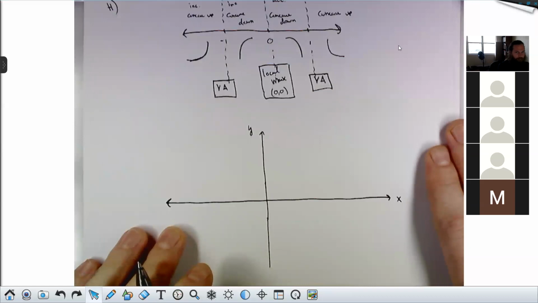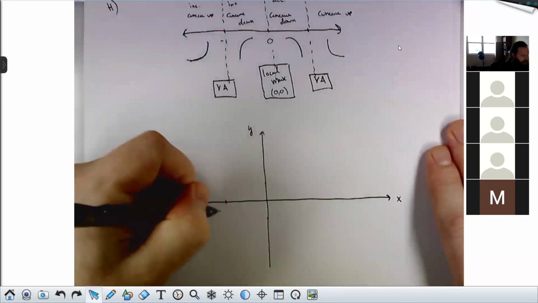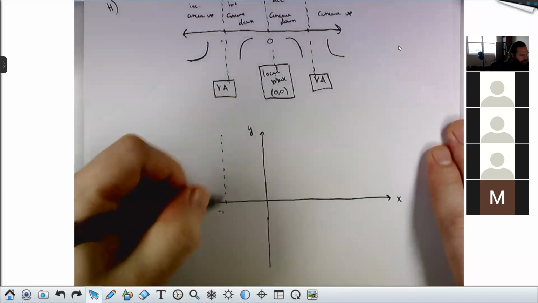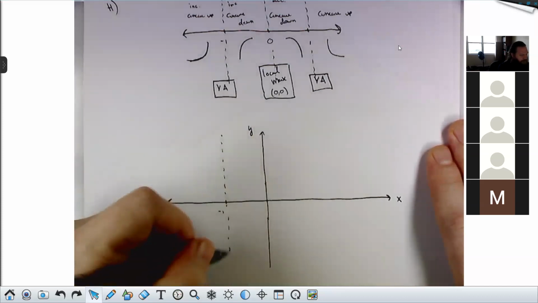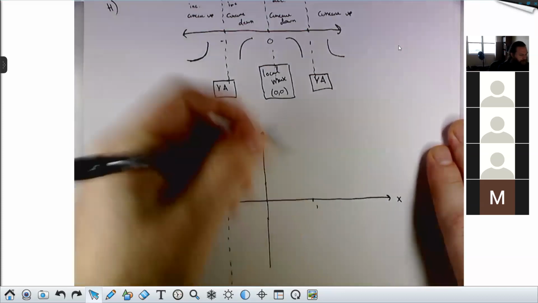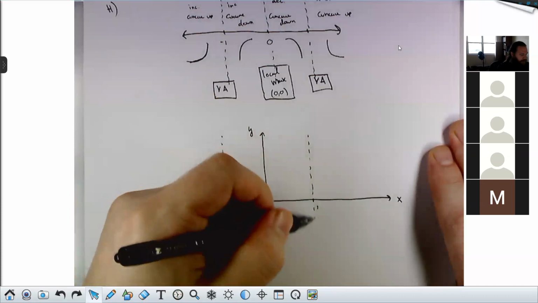All right, I want to mark -1 over here. Maybe like here. And draw in my vertical asymptote. Mark +1 over here. Draw in my vertical asymptote.